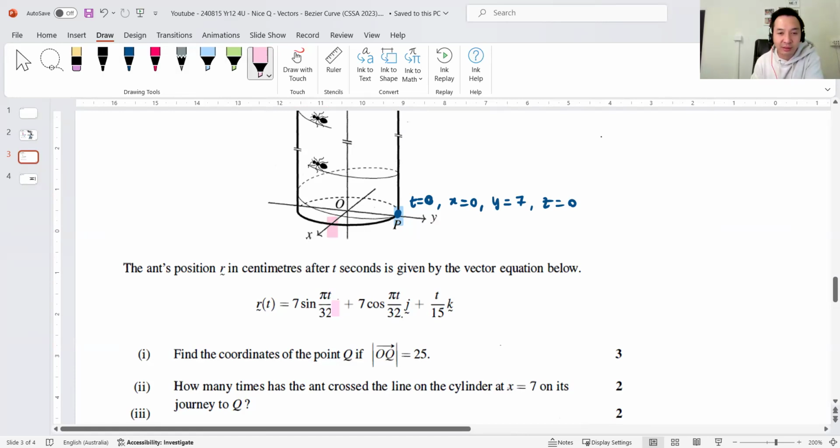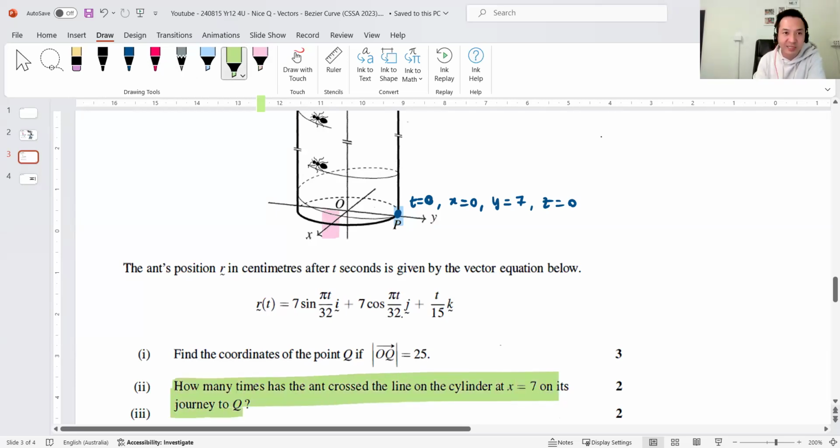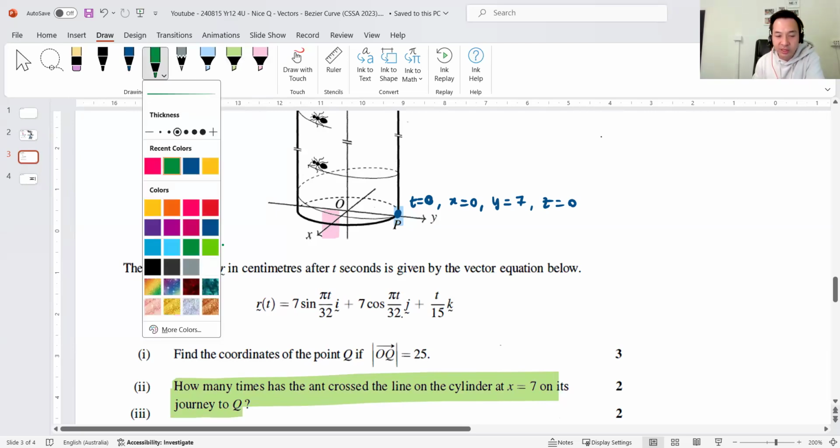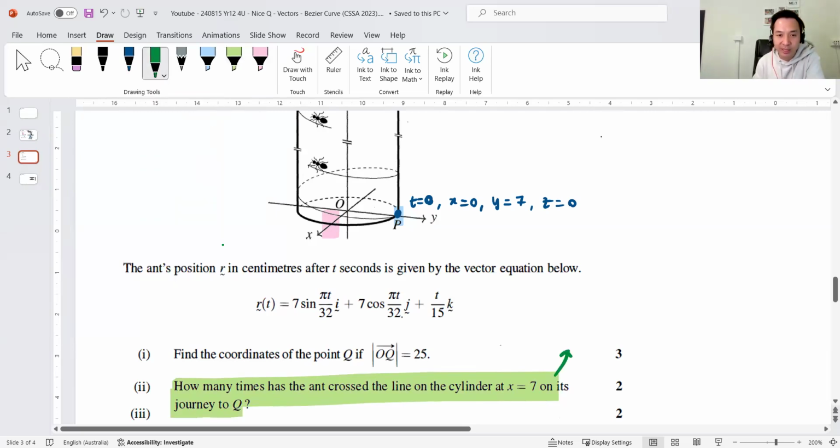When this guy's 0, is that right? No, I guess I sub 7 into here. Piece of cake. So all I've got to do for this question is basically, the question's asking, can you tell me the times it'll take for the x value to equal 7? When x equals 7. That's what it's trying to say, right?